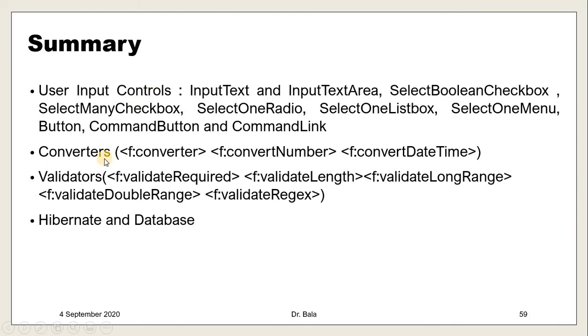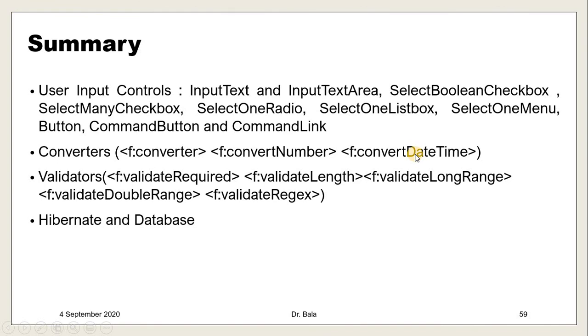And in the second topic we discussed converter and validator. In the converter part, we had f:converter, which has a list of classes which can handle most data conversion, and there is a specific tag to convert a number, f:convertNumber, and specifically a converter is given for date and time, that is f:convertDateTime.